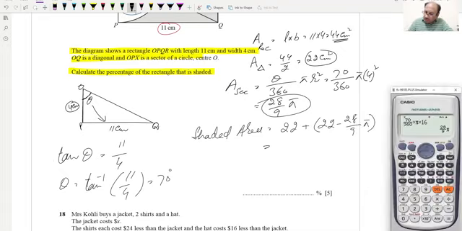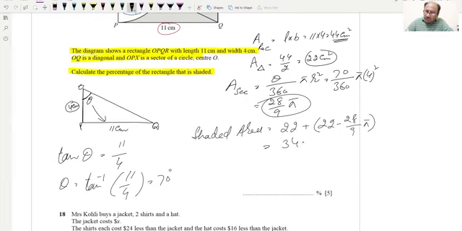We can calculate 22 plus 22 minus that answer, which is equal to 34.226, or we can write 34.23 centimeters squared. This will be the shaded area.